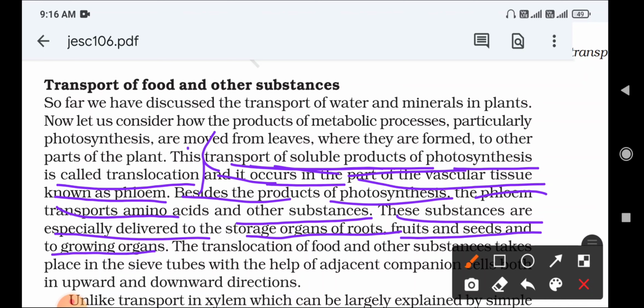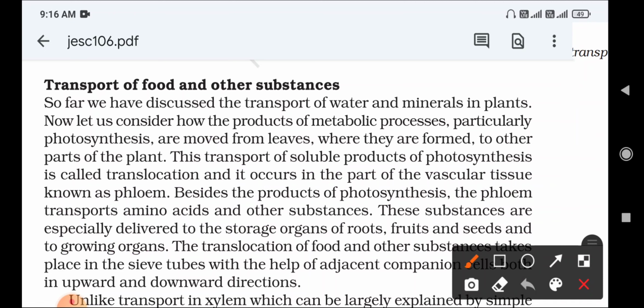These energies are transported to the roots, fruits, seeds and growing organs.